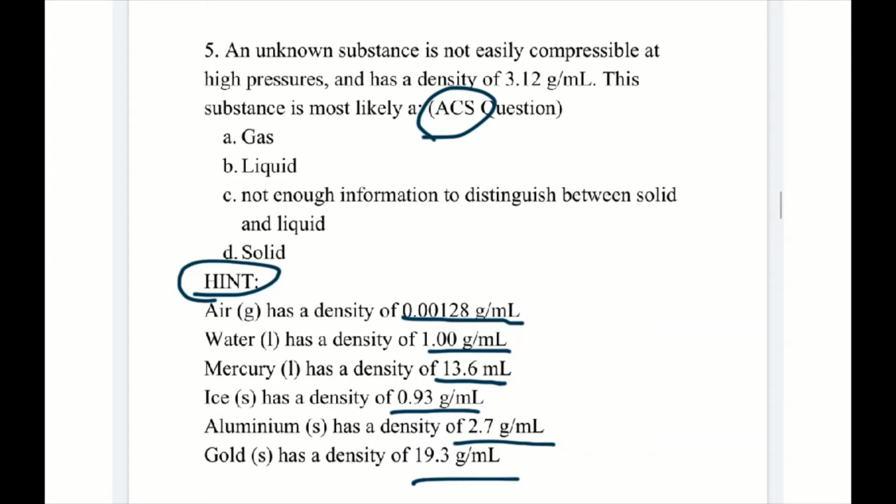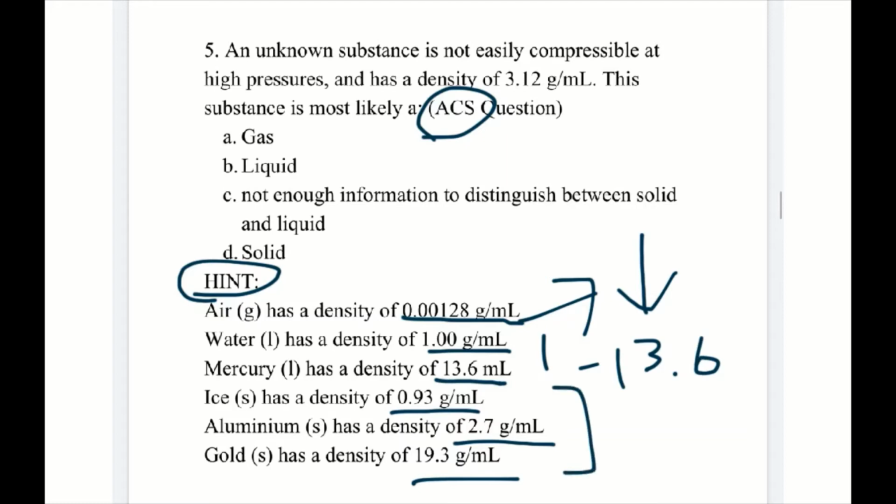Well, we can see right off the bat that air is super low in density. But what about liquids and solids? Well, in liquids, we can see that the density can vary from 1 all the way to 13.6, while for solids, they can vary from 0.93 to 19.3.